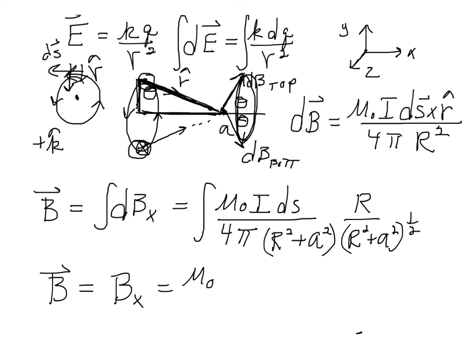We have mu naught I. Whoops, I don't want the ds there. Let me erase that. Mu naught IR all comes out over 4 pi. I'm going to try and condense this into r squared plus a squared to the 3/2.